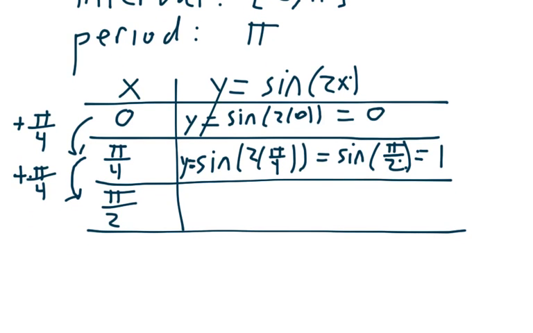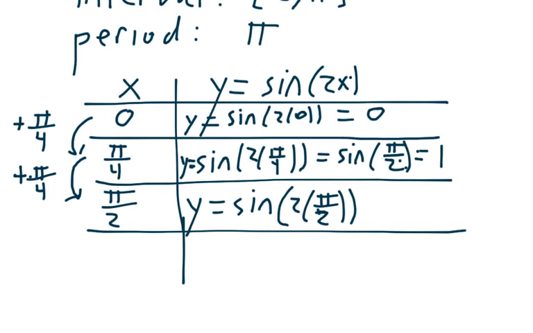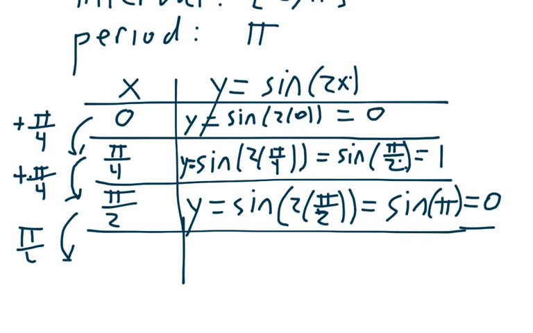Let me just move this up. So we have now y equals the sine of 2 times pi over 2, like so. That, of course, is sine of pi, and we end up getting just 0. Next, we add pi over 4 again, and we're going to get 3 pi over 4.